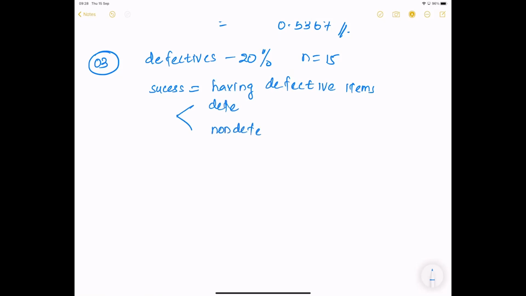So mutually exclusive, right? Or independent, right? Therefore, we can take binomial.